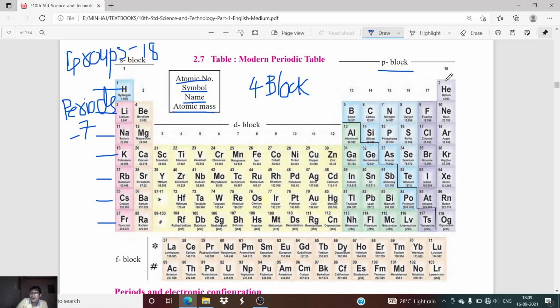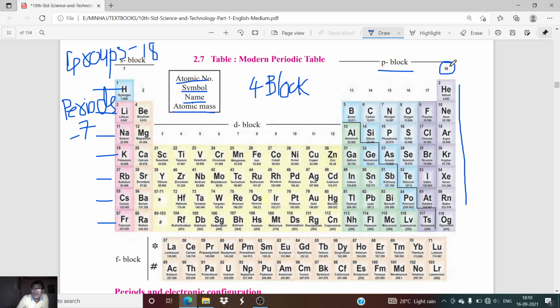And the group 18 elements, all the elements which are present in group 18, that is helium, neon, argon, krypton, xenon and radon, these are the inert gases. So group 18 elements are inert gases. We will discuss all these elements briefly.